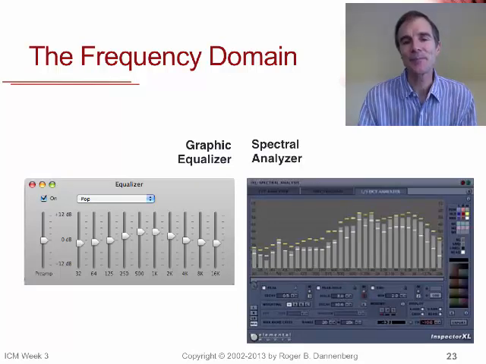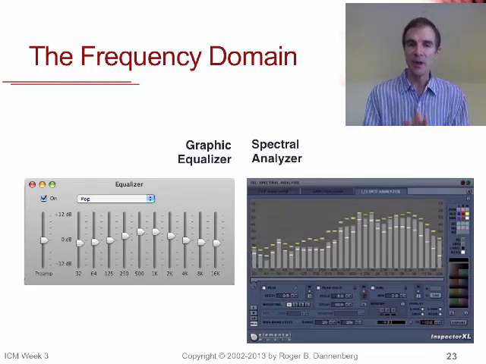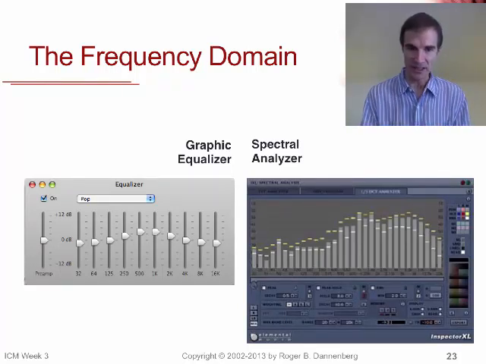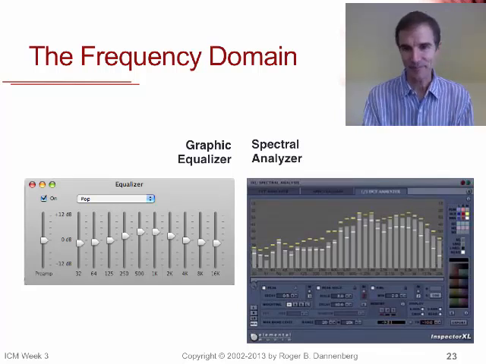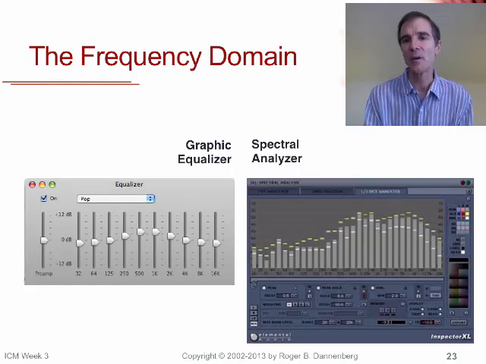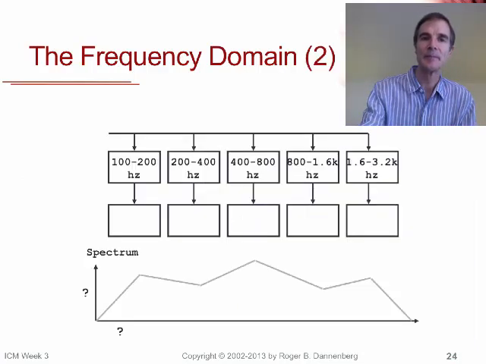Well, you've probably seen graphical equalizers or maybe spectrum analyzers that give you amplitudes at different frequencies, and that's a good intuitive representation of what's going on in the frequency domain. We're decomposing a sound into components at different frequencies.